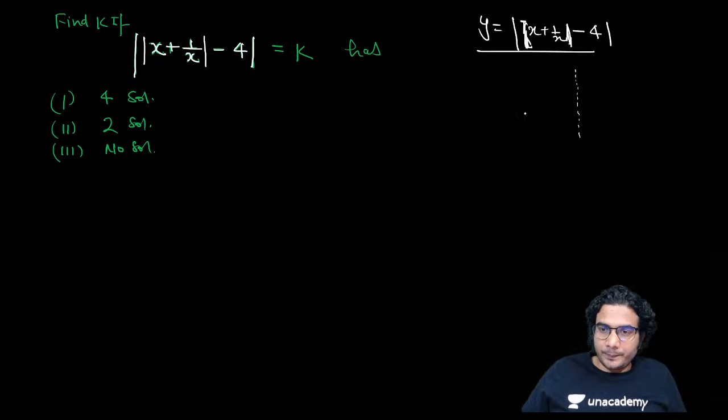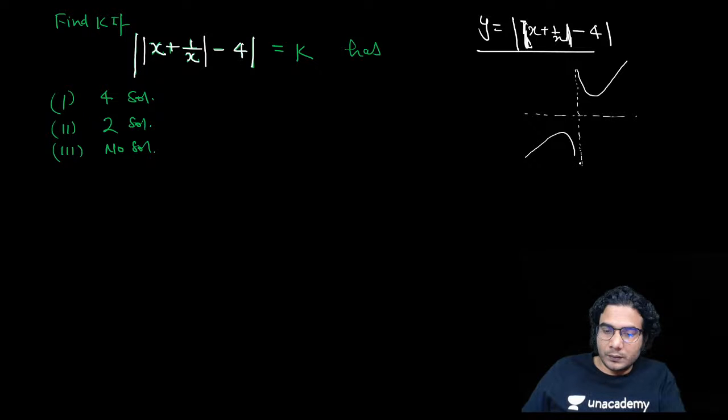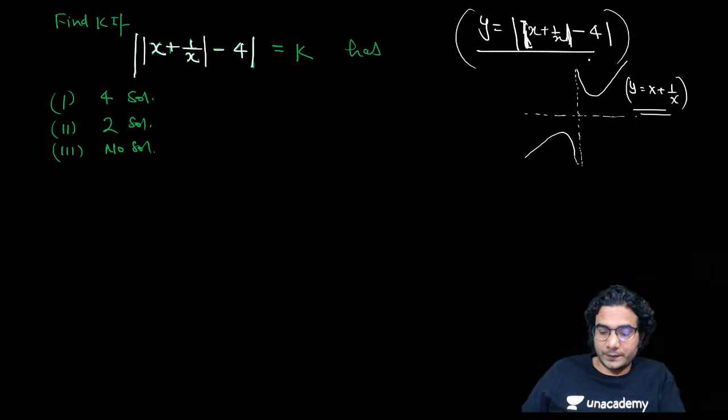I'll give you the idea if you don't know. This is the graph of y is equal to x plus 1 upon x. All right, you can see that. Now you need to transform this graph to find the graph of this function.